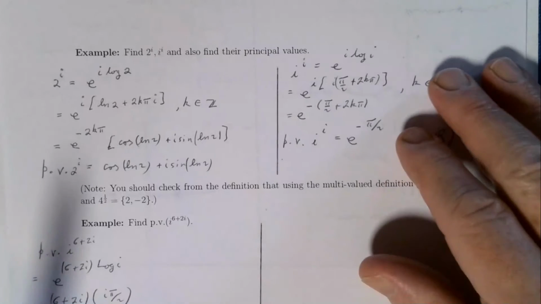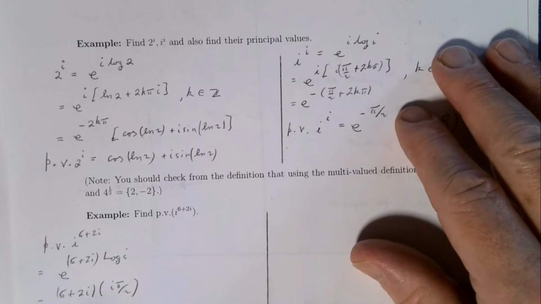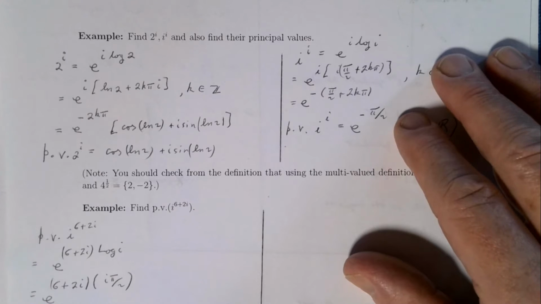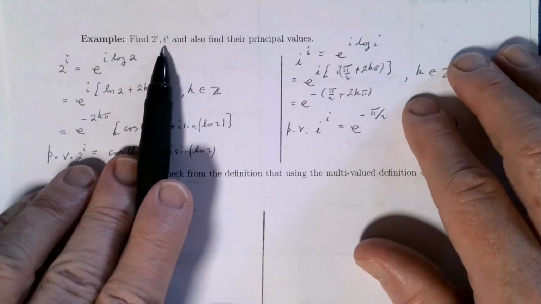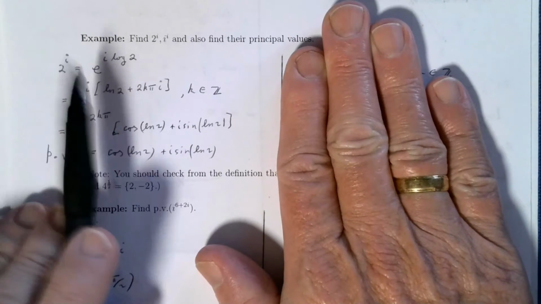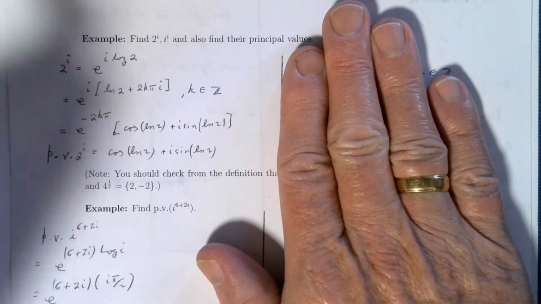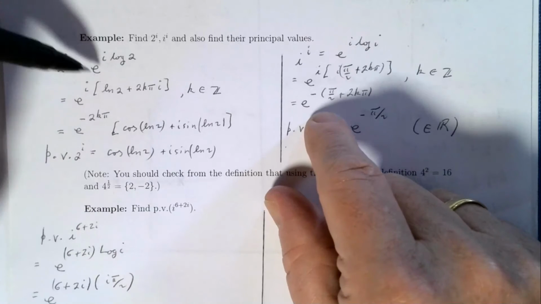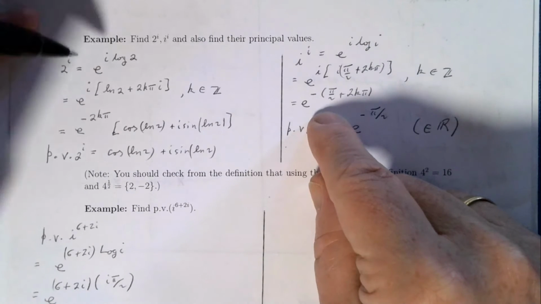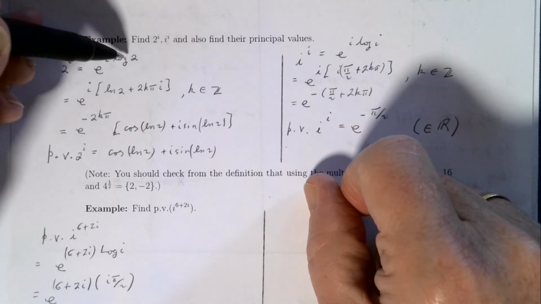So we're going to find 2 to the i, and we're also going to find i to the i, which should be interesting to see. I won't show you at the moment. We start with 2 to the i, which by definition is e to the i log 2. This is the multi-valued logarithm of 2.